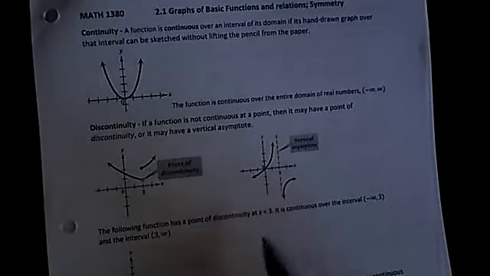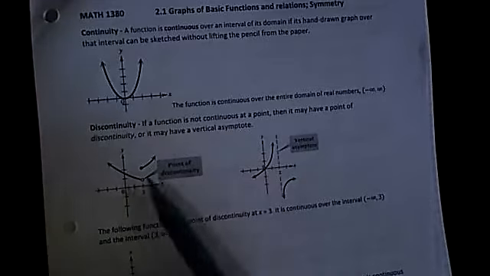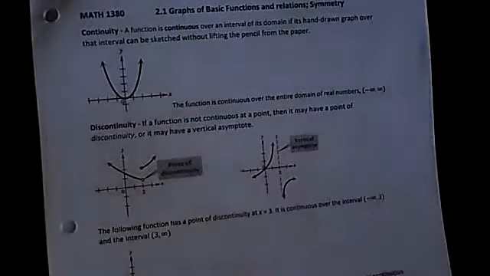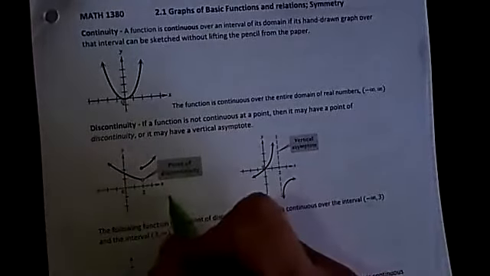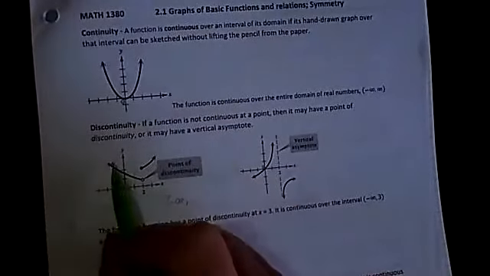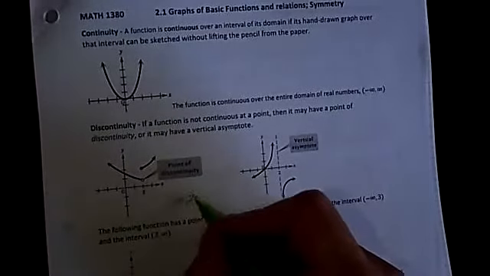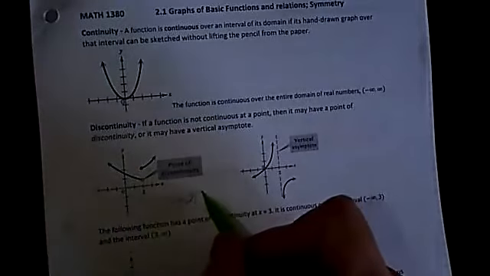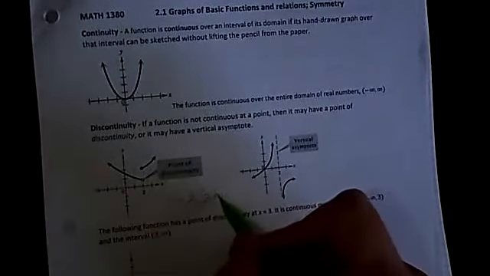So let me write that down. It is continuous from negative infinity to positive 2. And then here, it's continuous from 2 filled in to positive infinity.